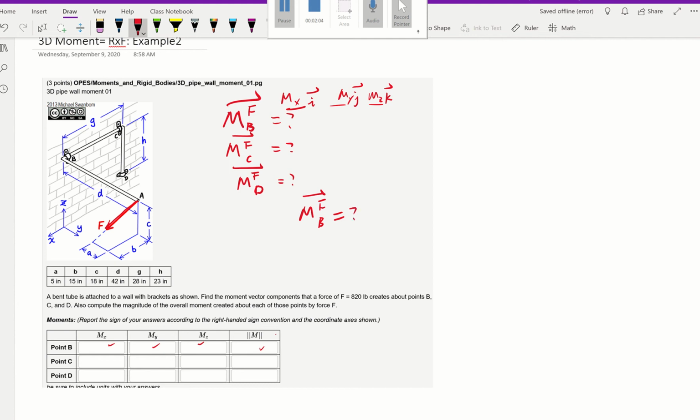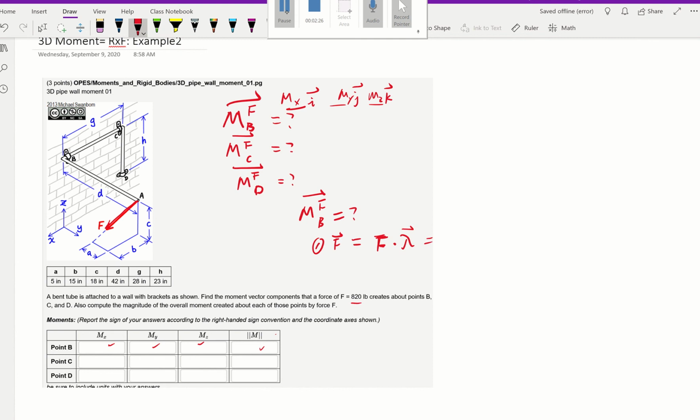First step, we figure out the force along a line: the force magnitude without a hat, times this position vector divided by its magnitude, which is basically the unit vector.